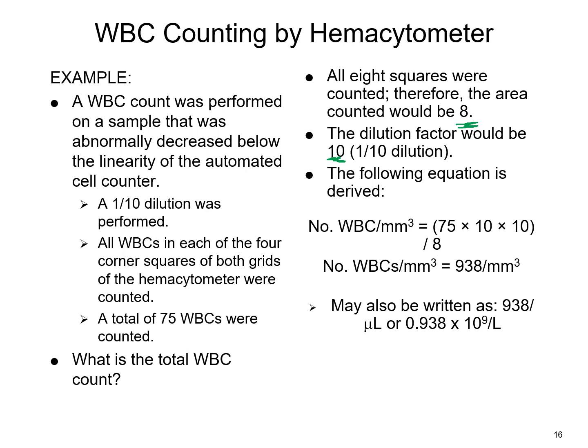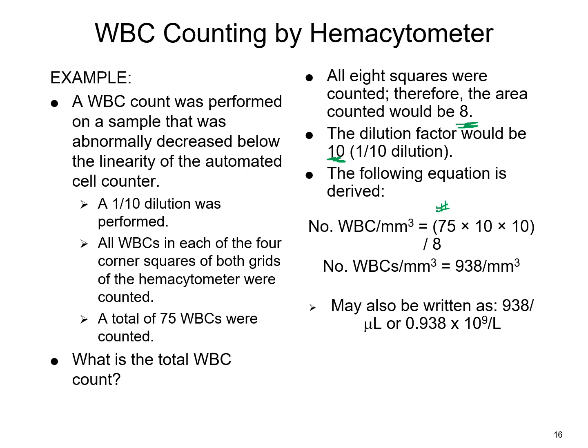So the total number of cells that were counted, and remember we got our depth factor of 10 times our dilution factor of 10, and then we divide that by the area that we counted. Remember, one square is 1 square millimeter, so with 8 of those, that would be 8.